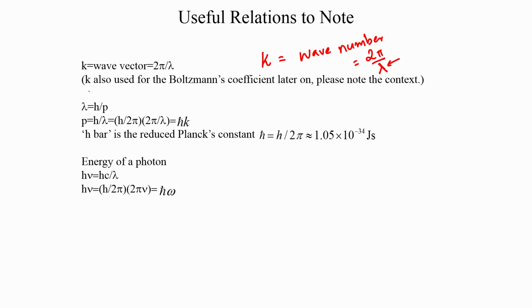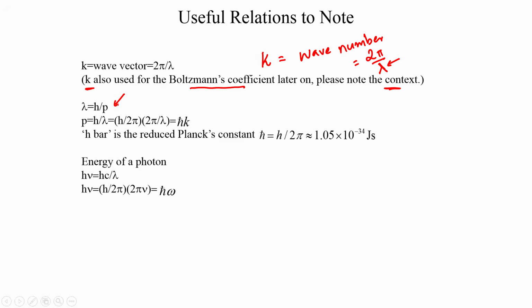Now, later on in the course, k is also used to define the Boltzmann's coefficient, and I hope that this will not be a matter of confusion because the context will be quite clear.